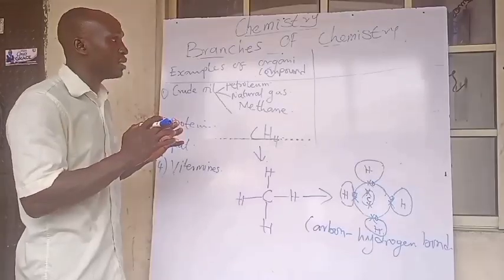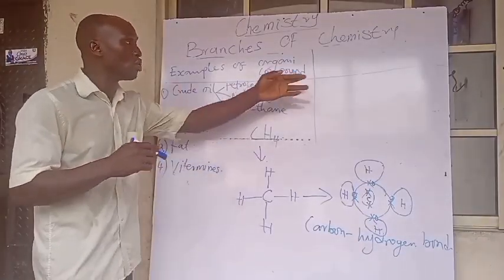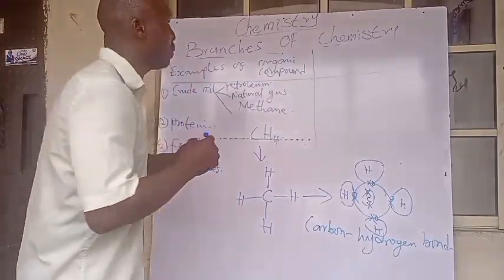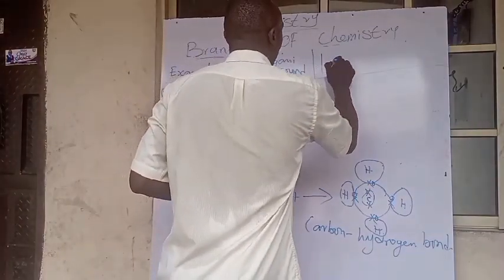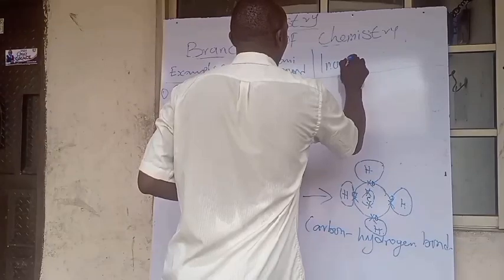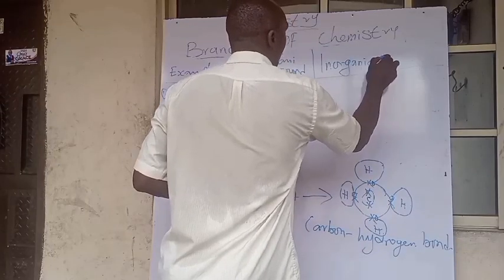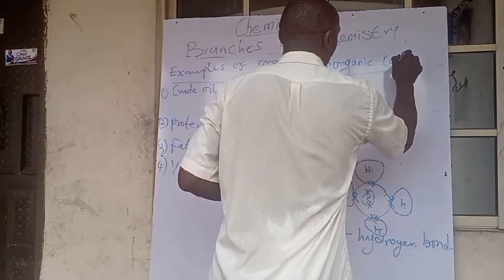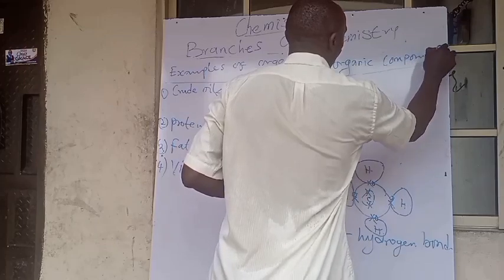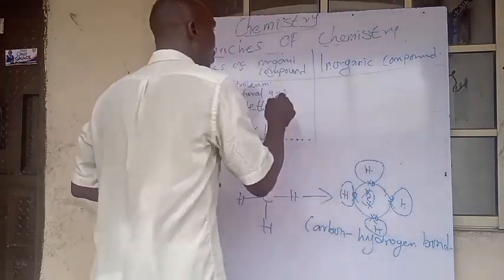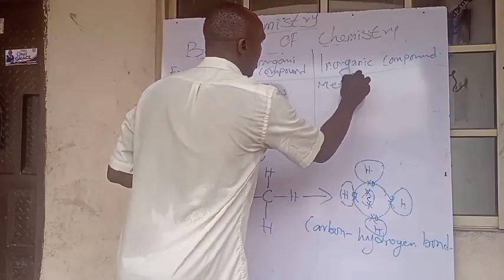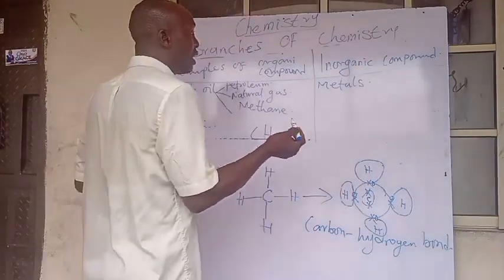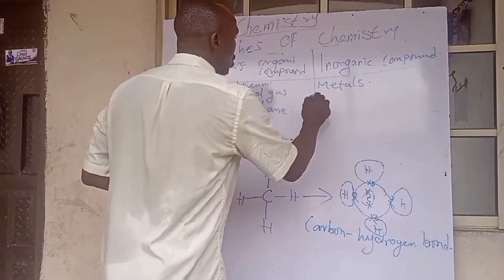I hope with this, somebody understands. Okay, fine, let's go to the examples of inorganic substances. We have things like metals. We have things like salts.